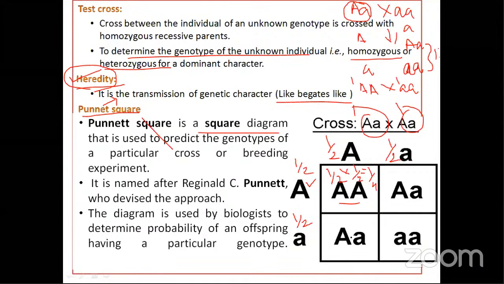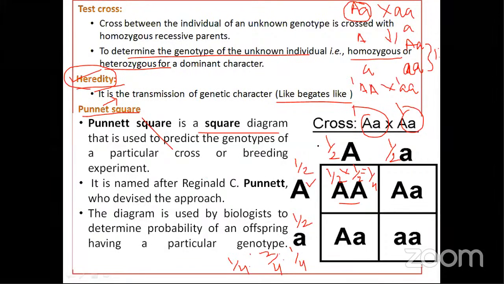So this one will be one, these two are similar so it will be 2 by 4, and this is 1 by 4. That's why ultimately we are writing this as 1 by 4 is to 2 by 4 is to 1 by 4. That is, the first one is representing capital A capital A, the second one is representing capital A small a, the third one is representing small a small a.